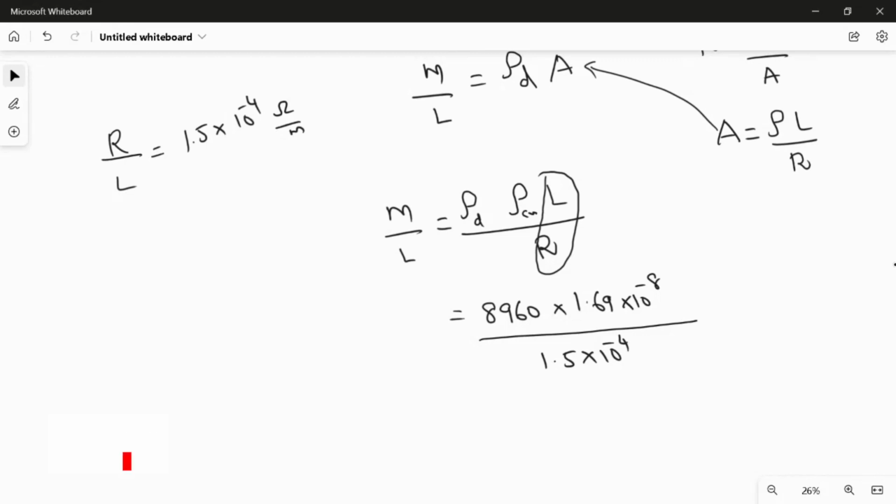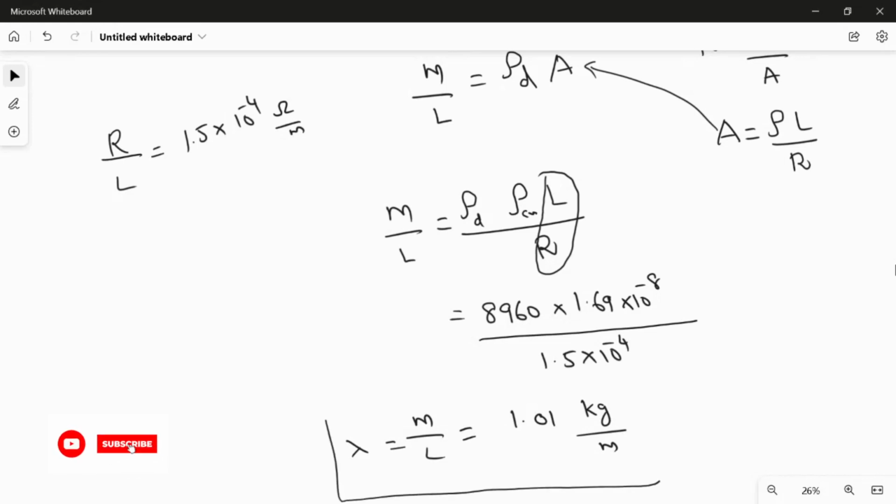But here we have L over R, so we have to take the inverse of this value. Clear? So here I got the mass per length, M over L is equal to 1.01. The unit is kilogram per meter, which is equal to the lambda. So this is the answer for part B. Clear? That's it. Thank you.